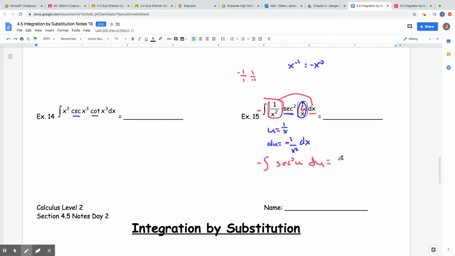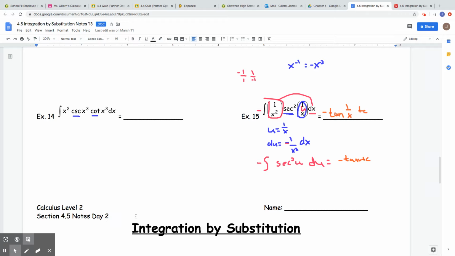What is the derivative of what is secant squared? That is tangent. So it's negative tangent u plus c. So negative tan of 1 over x plus c. And there you go.